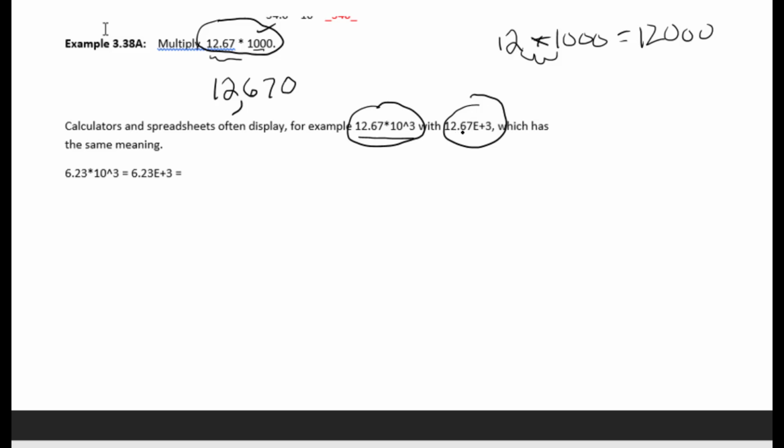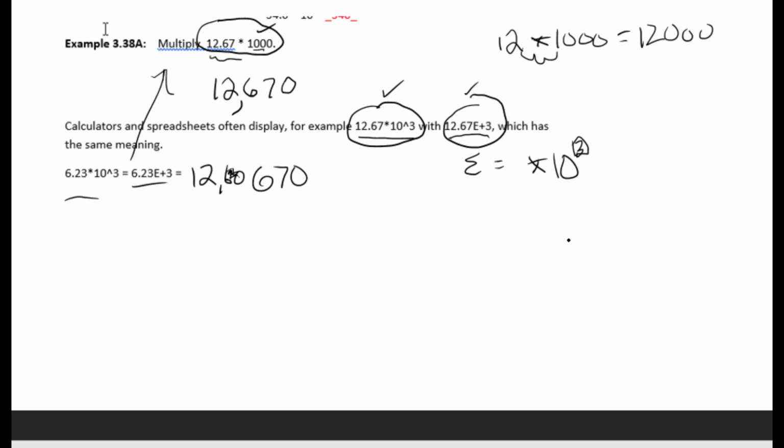This is 12.67 times 10 raised to the third power, which is the way your calculator often displays this notation. E means times 10 raised to the, in this case, 3. So this is going to be the same as above. 12,670. Same as this. Just another way of looking at it.